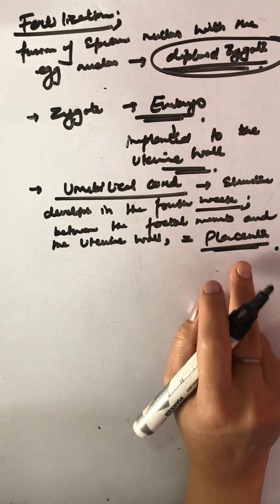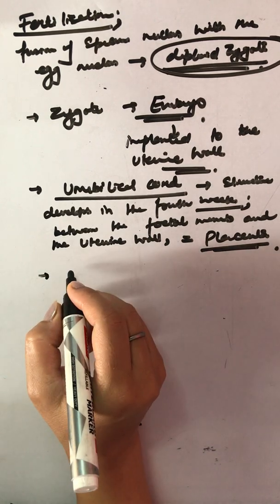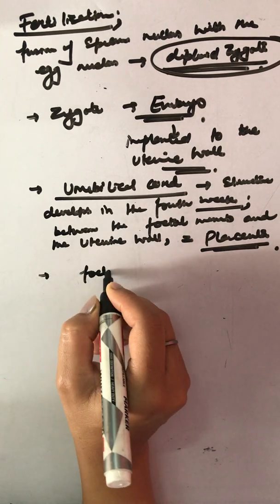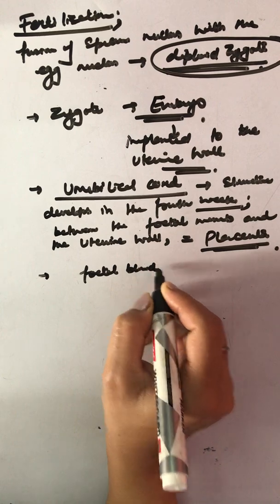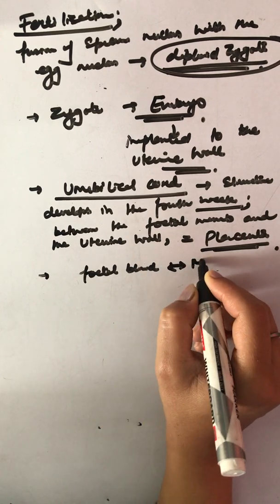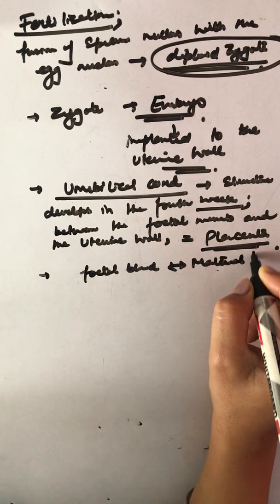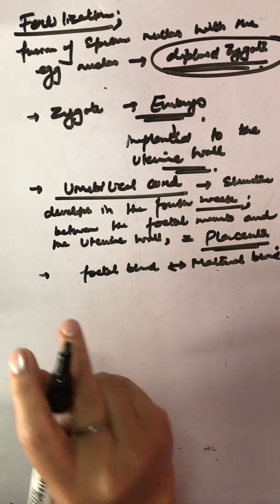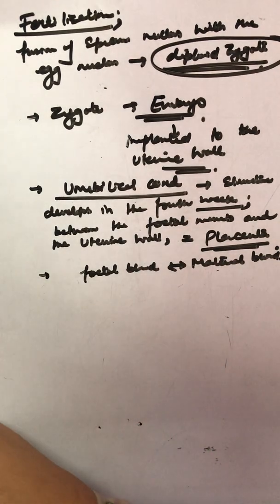Clear? In this placenta, what happens? The fetal blood and the maternal blood come very close to each other, and what do they help in?